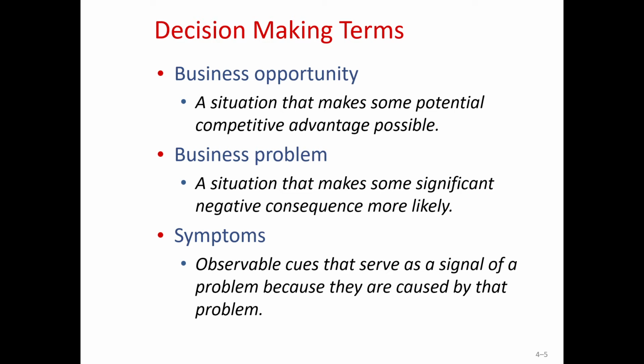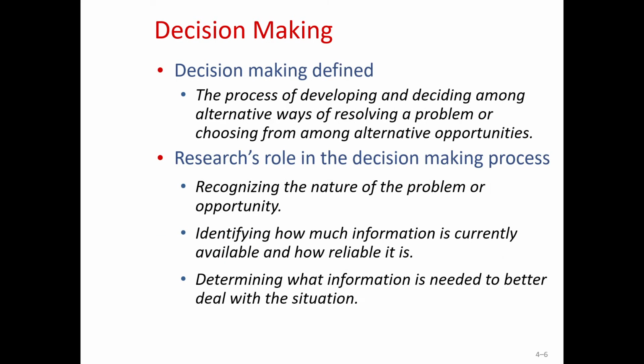Whether facing an opportunity or a problem, businesses need quality information to deal effectively with the situation. Formally defined, decision making is the process of developing and deciding among alternative ways of resolving a problem or choosing from among alternative opportunities.